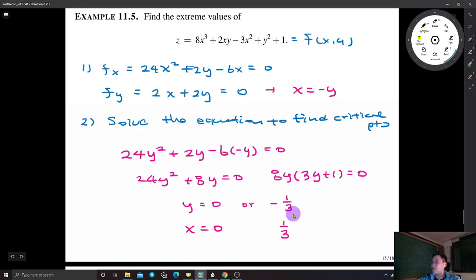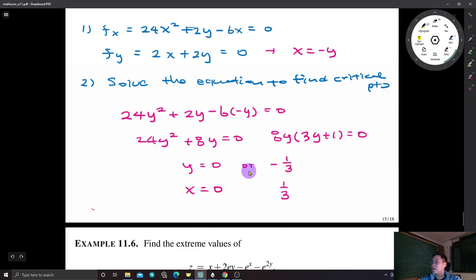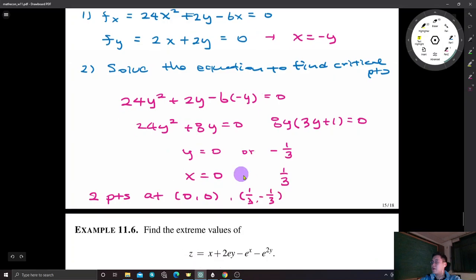So we have two critical points: at the origin, (0, 0), and at (1/3, negative 1/3). That is the second step.